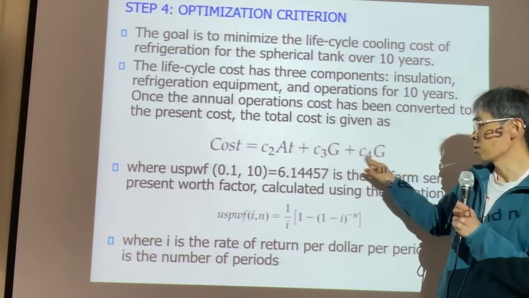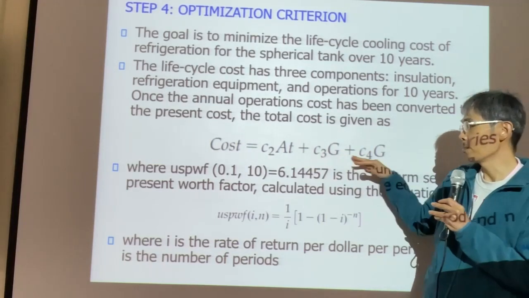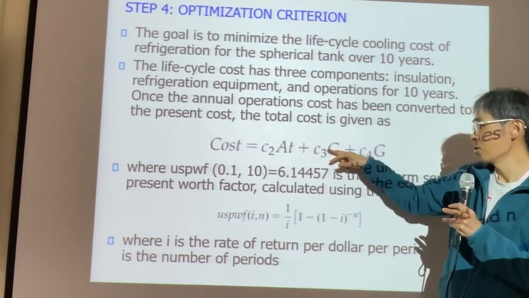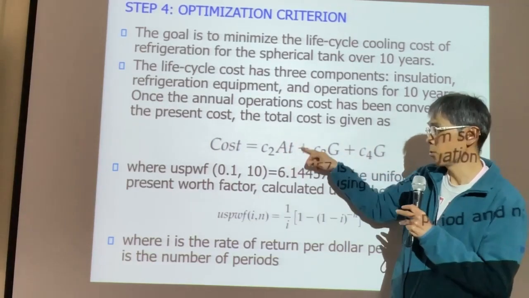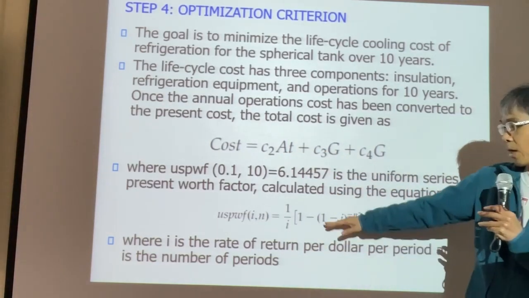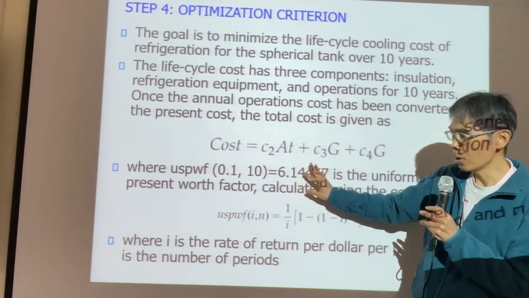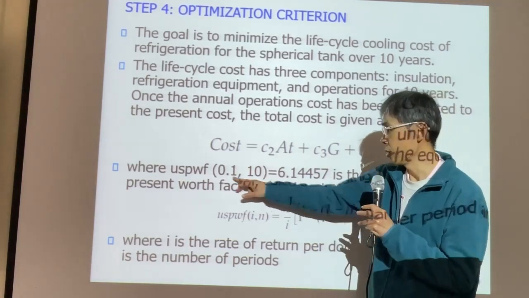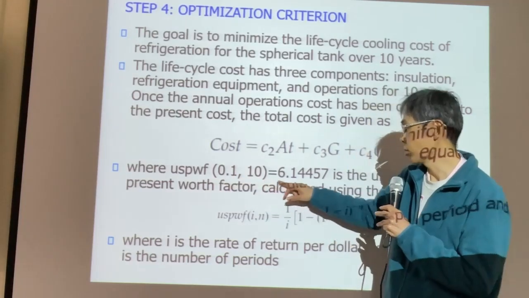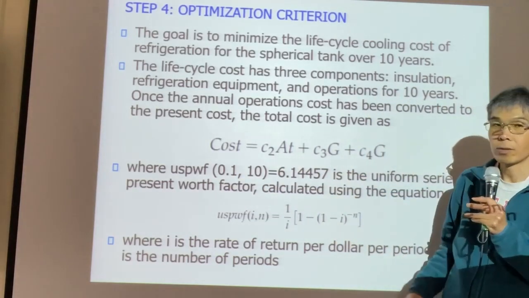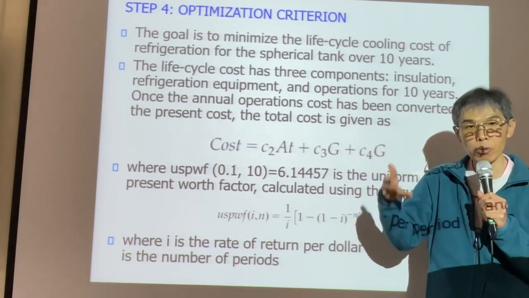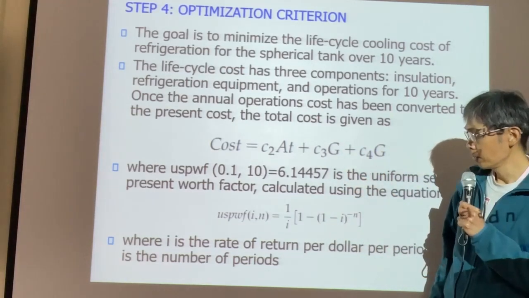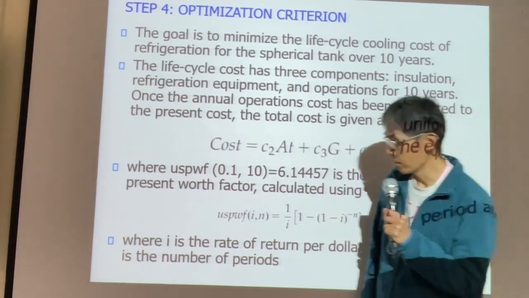You don't need to worry too much about this. This is the heating cost, this is the material cost, and this is about the interest rate, so you don't need to worry about it. See 10 years and interest. You can use this one to calculate the money you need to pay to the bank. Okay, we will leave it there.